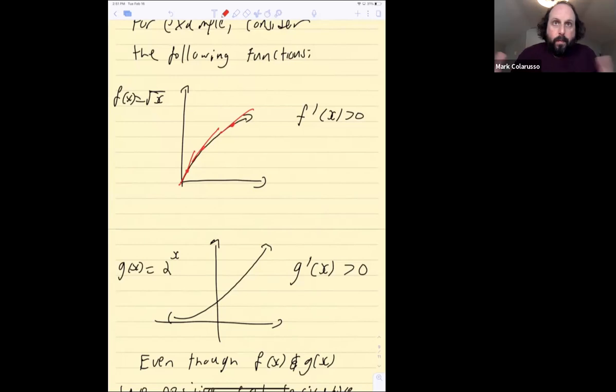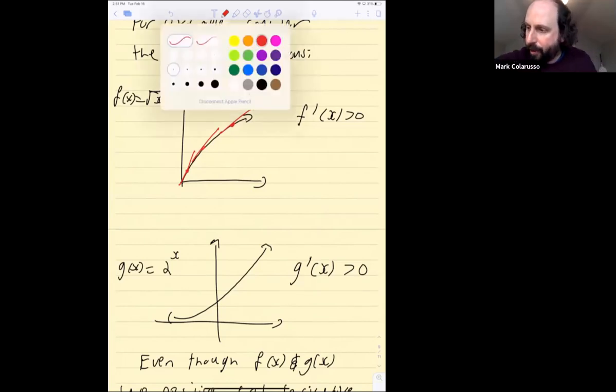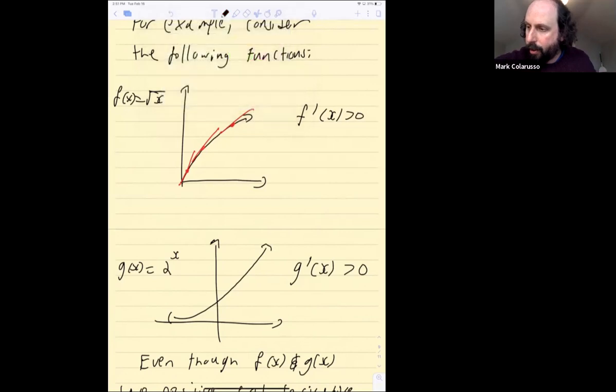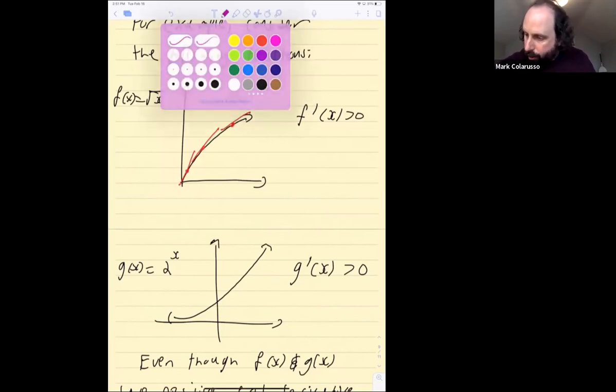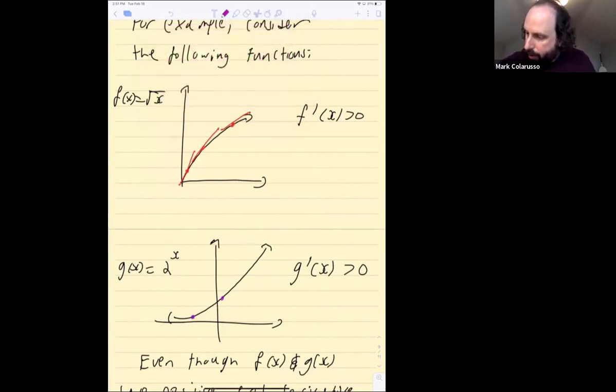Okay, so those are some 3 random tangent lines for the root curve. This one could be a bit better. There. I'm going to draw 3 random tangent lines here.